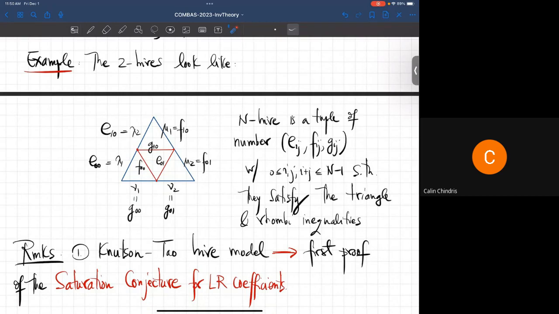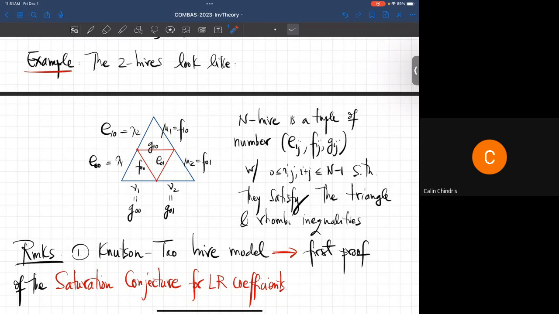The way to visualize this polytope is to start with an equilateral triangle. You plot n+1 points on each side, so in this case exactly 3 points on each side. In this way, you get n squared, in this case 4, smaller equilateral triangles, which are all of the same size.